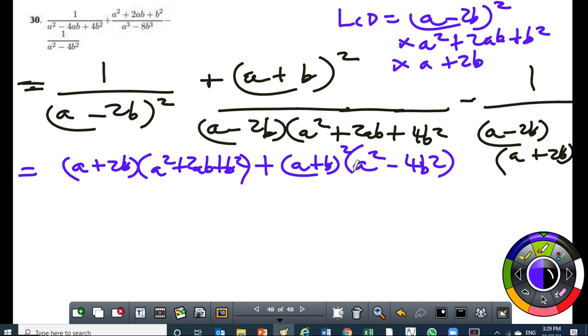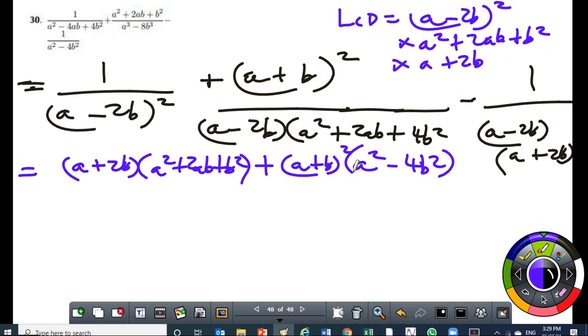Don't just rush to say no. All right, so I'm done with the first two. The last one, I've got a minus 2b times a plus 2b. What I don't have that's in the LCD is the trinomial and one of those a minus 2b's. So I have to multiply it by the trinomial and the a minus 2b.